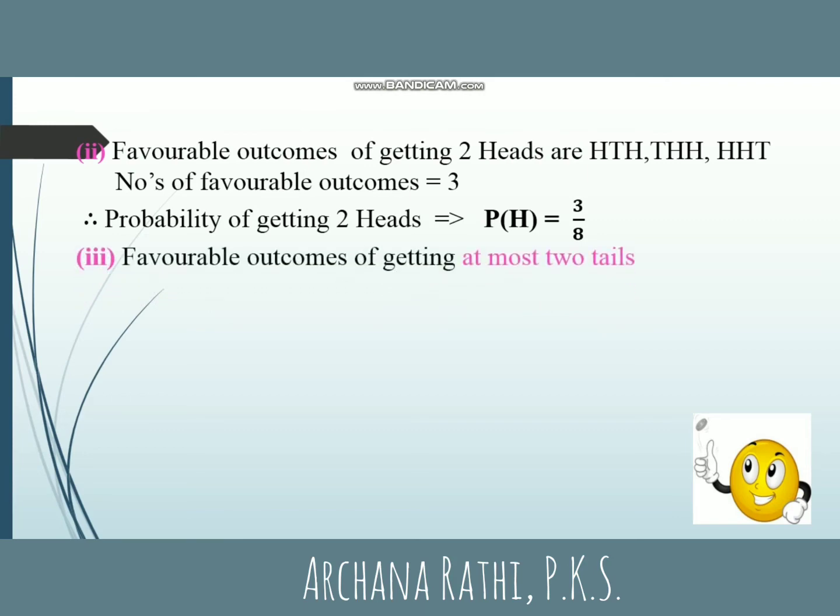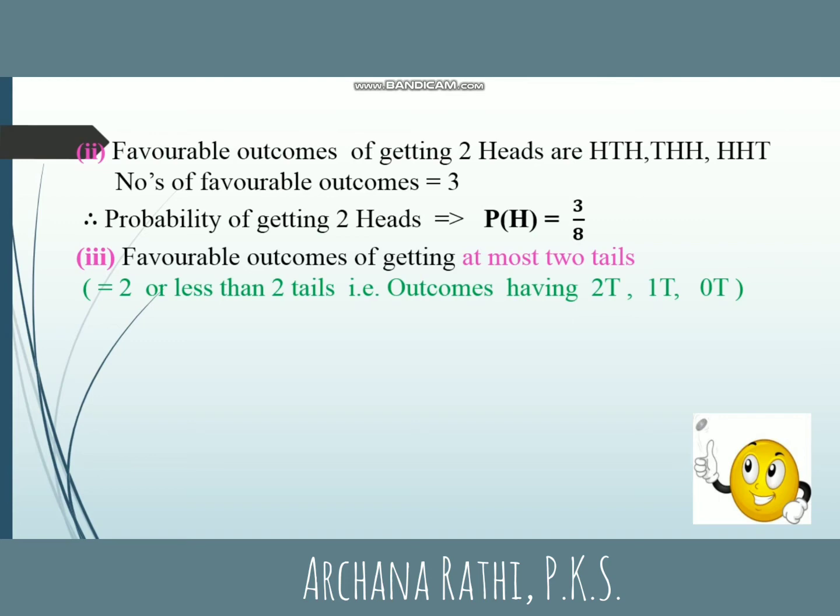Now the third one, favorable outcomes of getting at most 2 tails, meaning at most 2 tails should be there, fewer than that will also work. Okay, now at most 2 tails means equal to 2 tails or less than 2 tails. Now 3 coins are tossed, therefore there can be 3 tails: either 2 tails, 1 tail or 0 tails also.